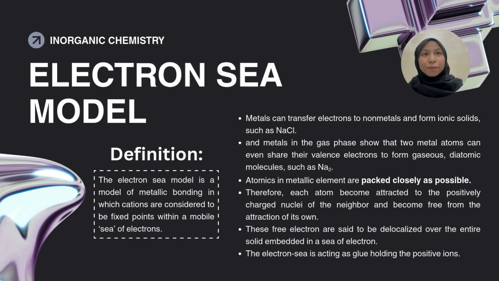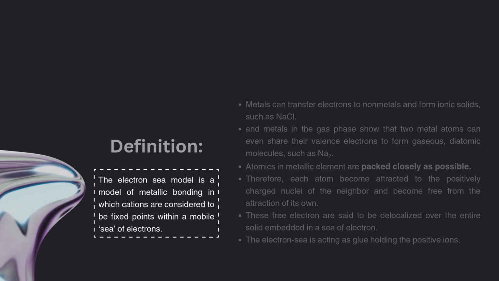Therefore, each atom becomes attracted to the positively charged nuclei of its neighbors and becomes free from the attraction of its own. These free electrons are said to be delocalized over the entire solid, embedded in a sea of electrons. The electron sea also acts as glue holding the positive ions.